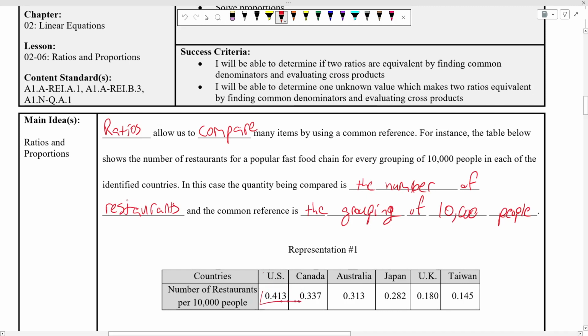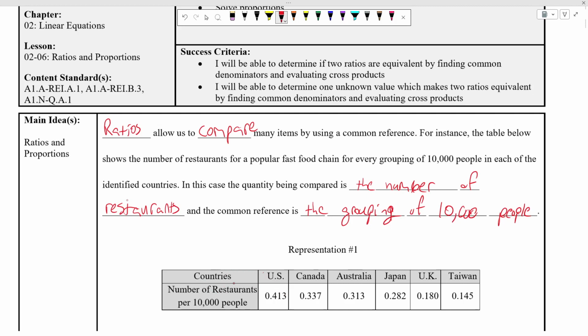So you can see US 0.413, Canada, Australia, Japan, and so forth. What that means is 0.4, a little less than half of a restaurant for each grouping of 10,000 people in the country of the US. That's how you interpret these things.